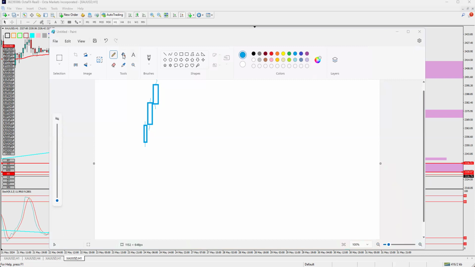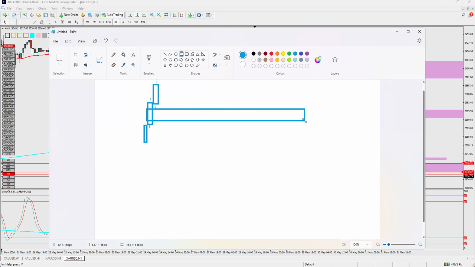This is what usually happens. When we have something like this, this is the fair value gap. You see right here? This is what we call a fair value gap, between this wick and this wick, when we have a bullish movement. That's a fair value gap.